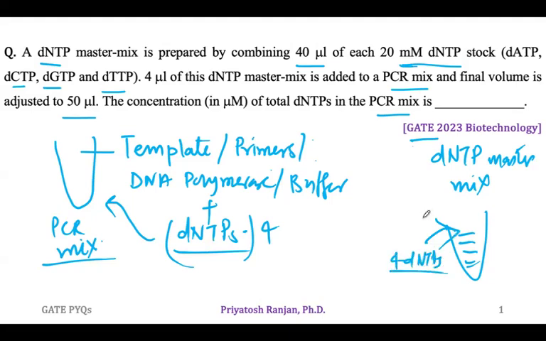And then from this tube, a particular volume was taken and added to this PCR mixed tube. And what we need to do is calculate the final concentration of the dNTPs in this PCR mixed tube. This is a very common practice. Instead of adding all the 4 dNTPs individually into the PCR mix, a dNTP master mix is created, and from that tube, a particular concentration is added.